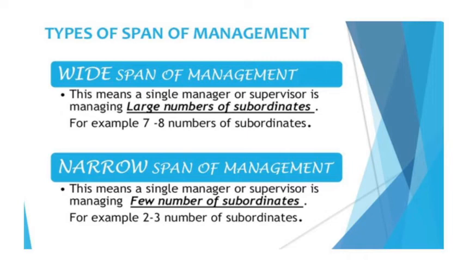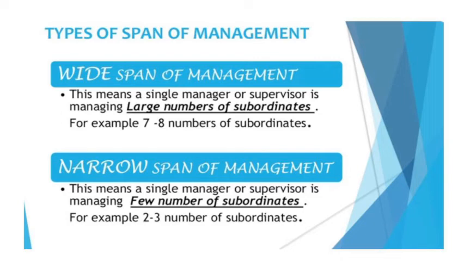Subordinates are also capable, so they can work with less control or less supervision from the superior. In this case the organization will go for a wide span of management, where fewer supervisors are appointed for the control of the organization.